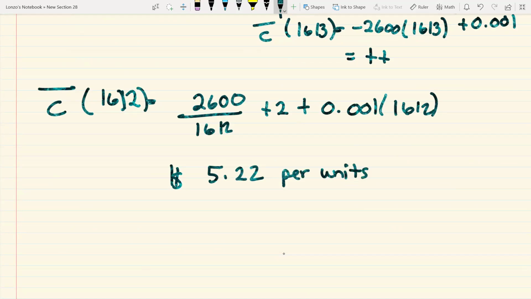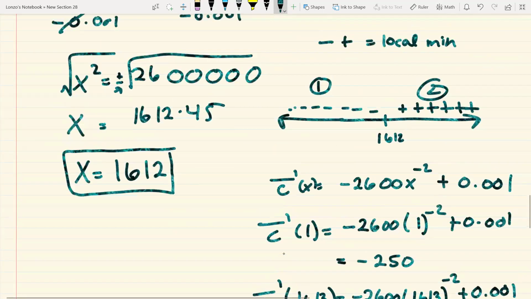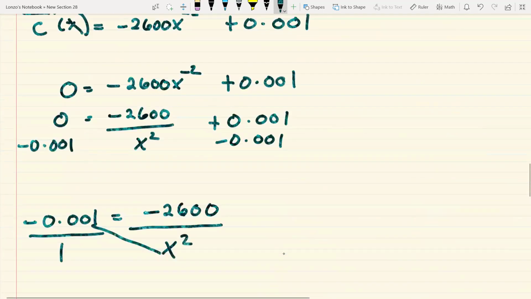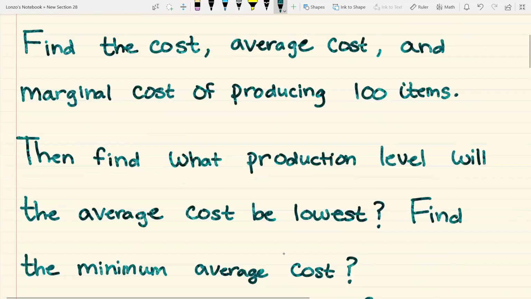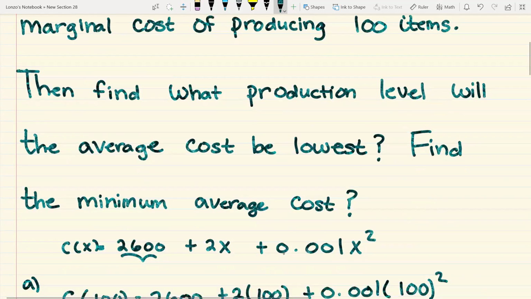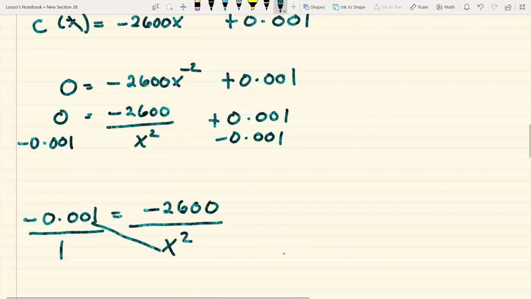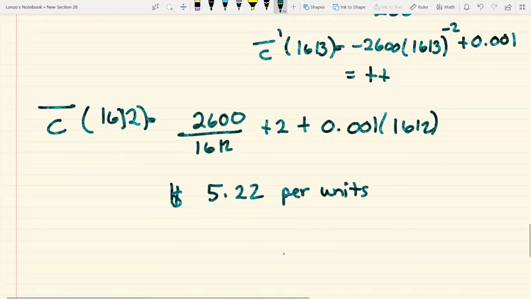Okay, so that was the answer for the second part. At x equals 1612, the average cost is the lowest, and the actual minimum average cost is $5.22 per unit. Okay, that wraps it up for that example 2.